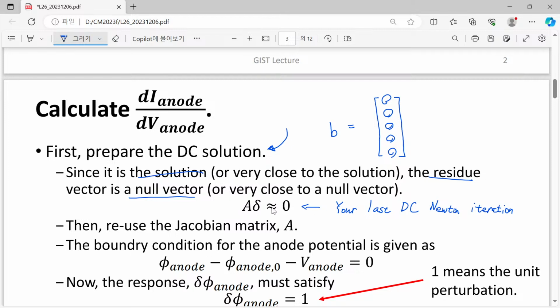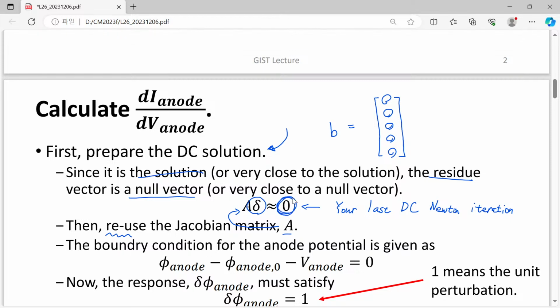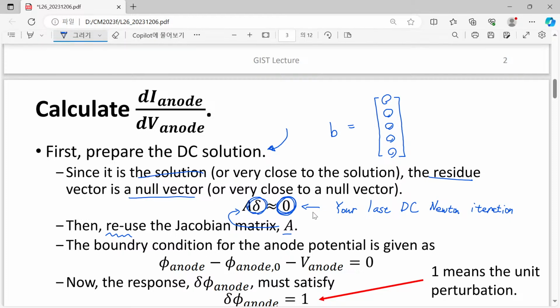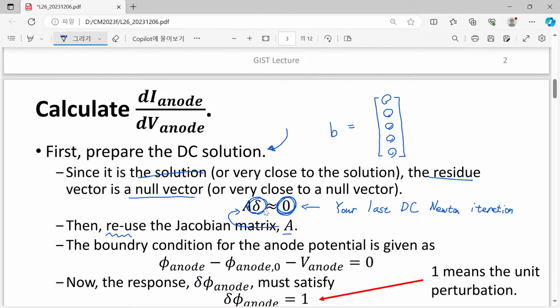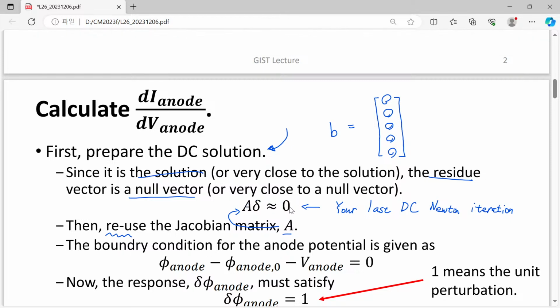Now for this small signal analysis, please reuse your Jacobian matrix. If you just solve this system, you will get nothing, because you have a null vector in the right-hand side. So your delta will also be quite close to 0, and that does not introduce any physical meaning.